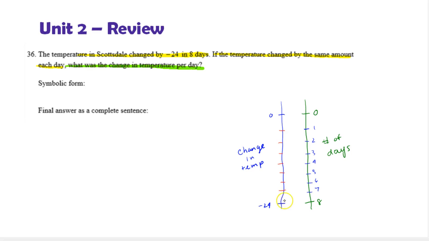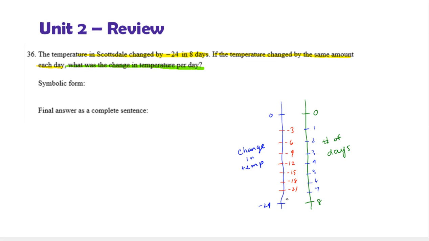And I did the same thing here in the change in temperatures. But notice it's not going to be 1 here. Since we're sharing this negative 24 amongst 8 days, that means in 1 day it went down 3, and then it went down 3 per day. Let's just check that this checks out, negative 21, and the next is negative 24.